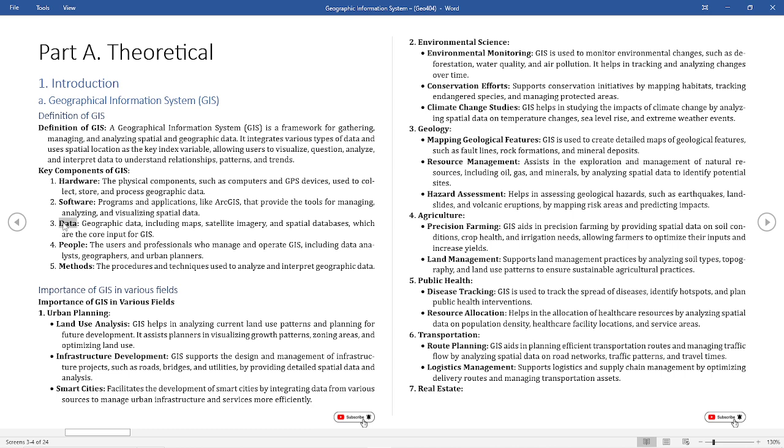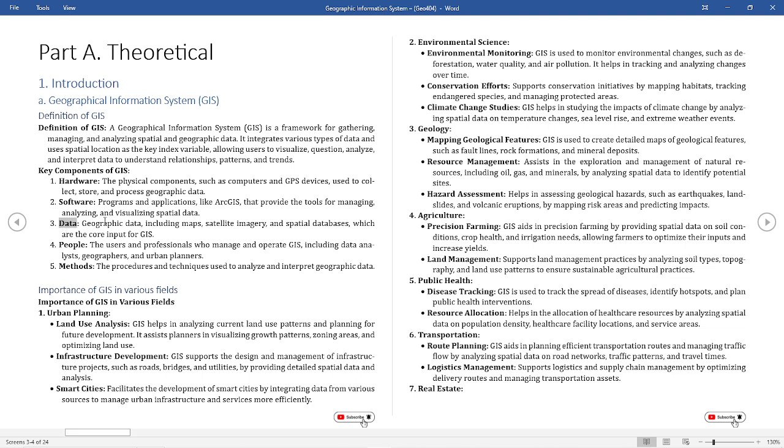Third component is data. The data is the raw material. You collect that raw material, you organize that data, and then you manipulate the data to come to some useful findings which you can apply to solve the problems.